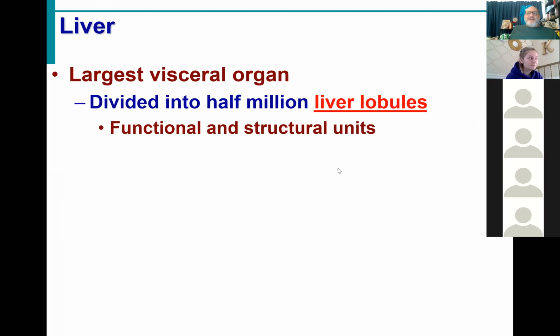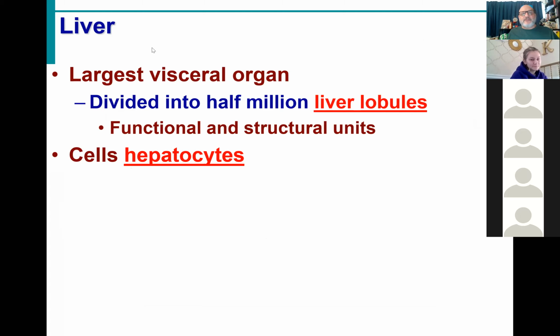And the liver itself, histologically, is divided into somewhere around 500,000 hexagonal liver lobules. These liver lobules are both the functional and structural units of the liver. They're formed by cells known as hepatocytes. So let's actually take a look at this. Let's actually draw some of this.